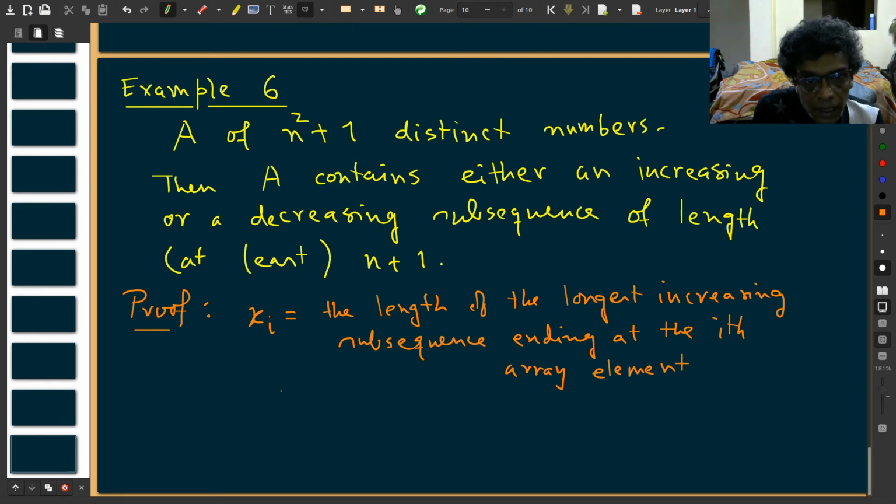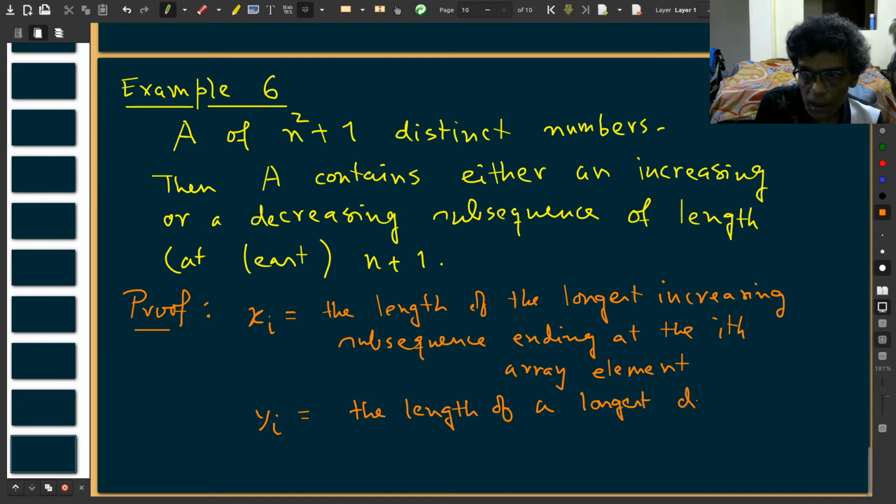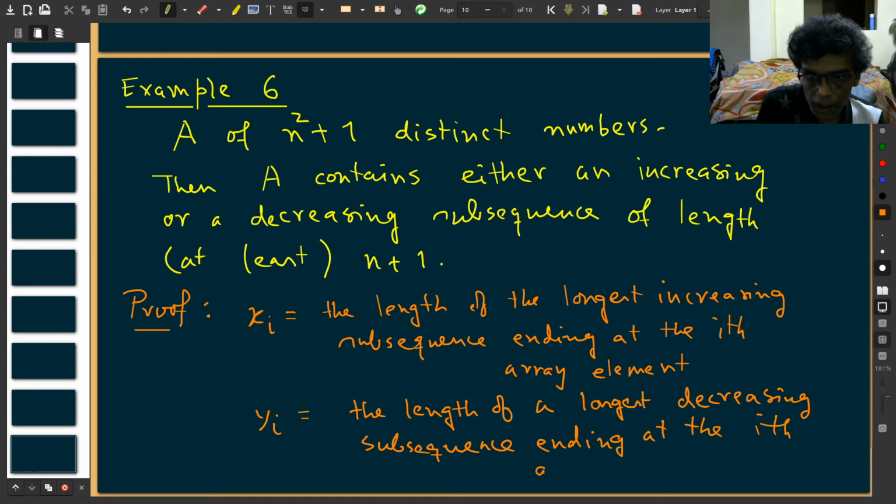Likewise, I define yi to be the same thing, the length of a longest decreasing subsequence ending at the ith array element.